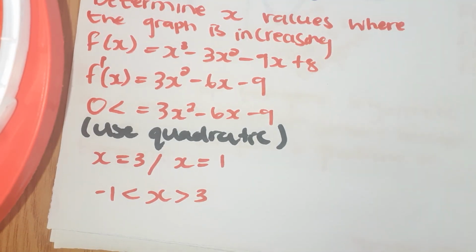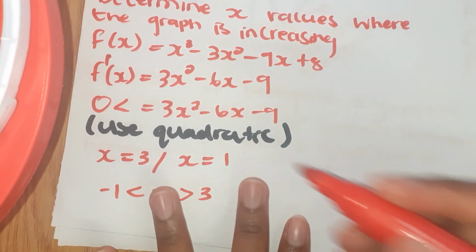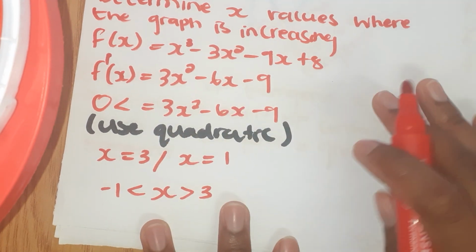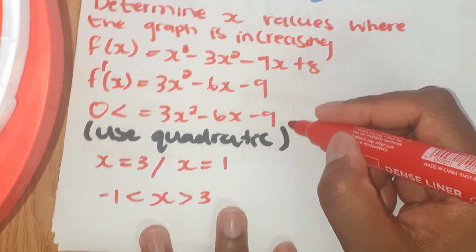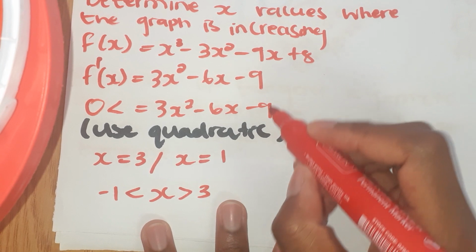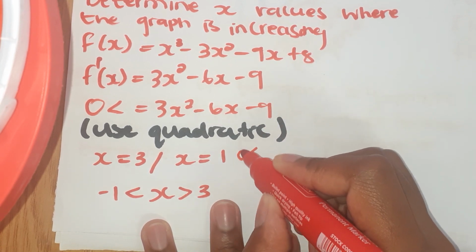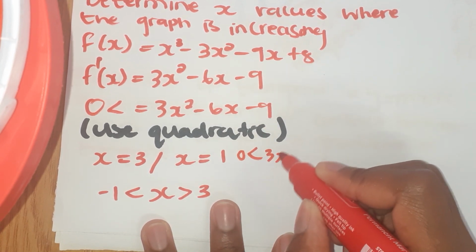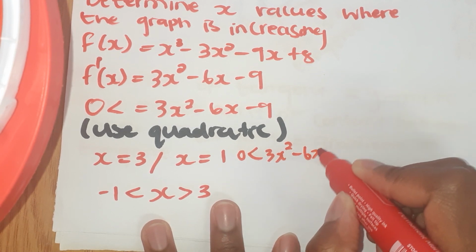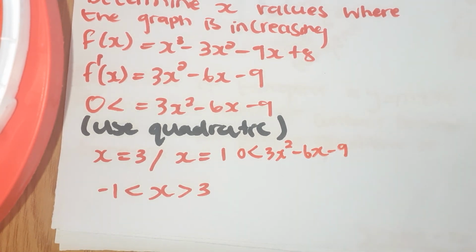All right, now the next step is to turn this into an inequality. So turning it into an inequality, it's 0 here, and then 3x squared minus 6x minus 9.